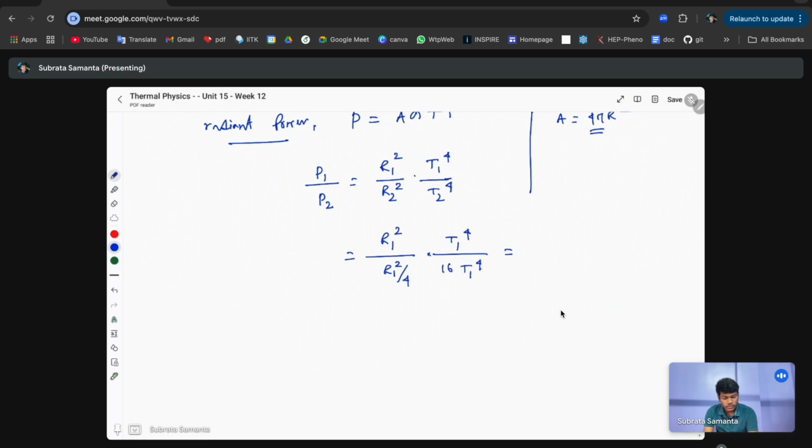So I am left with 1 over 4. Hence P2 is basically 4 times P1. So P2 is 4 times P1.